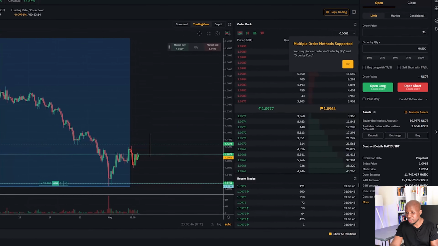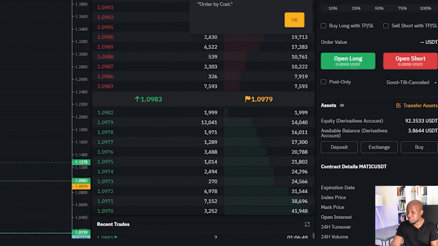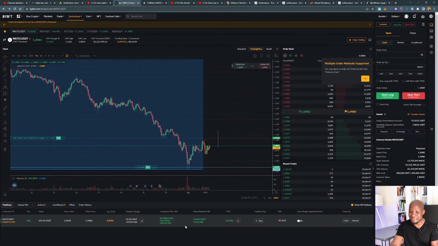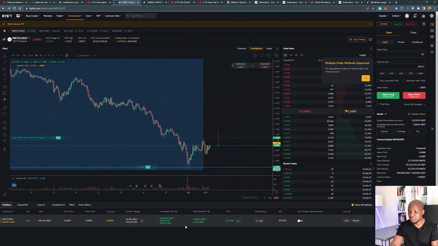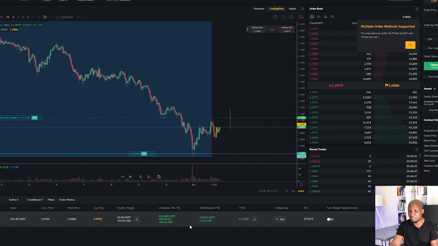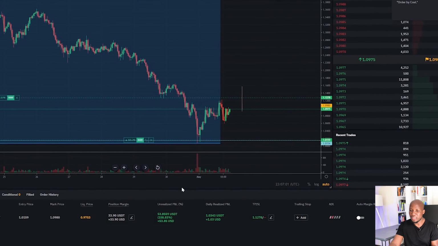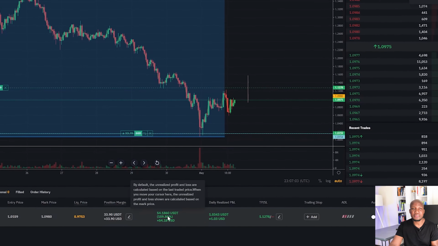As you can see here, we are up now to $92. We started with $36. We are almost 3 times the amount that we started with. We are up now by 160%, which is crazy. And I know some of you may be saying, but you're trading just a small account. It doesn't really matter.